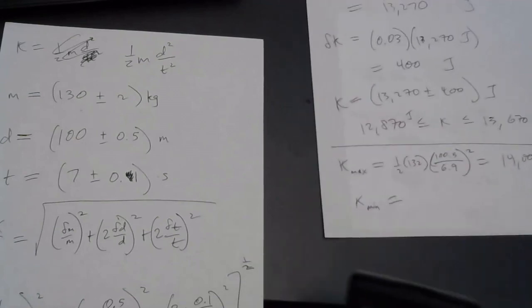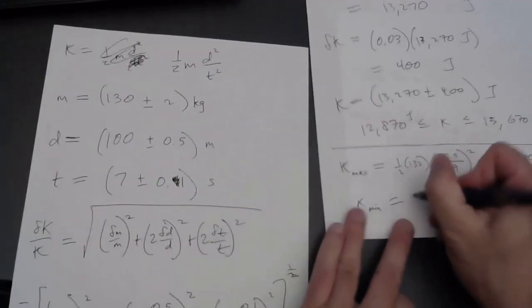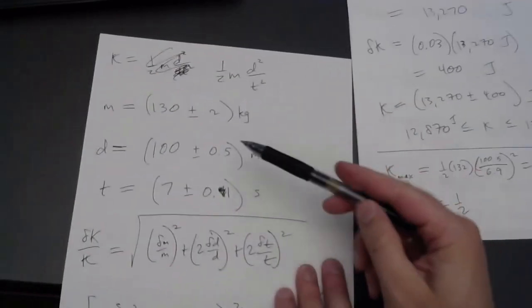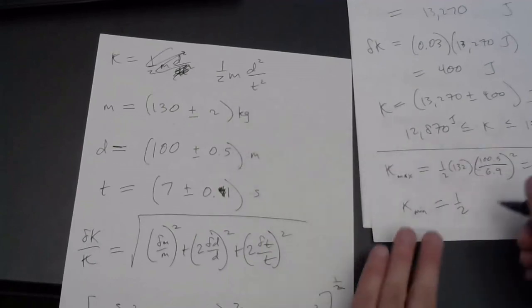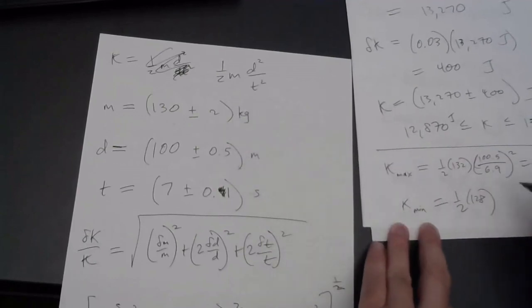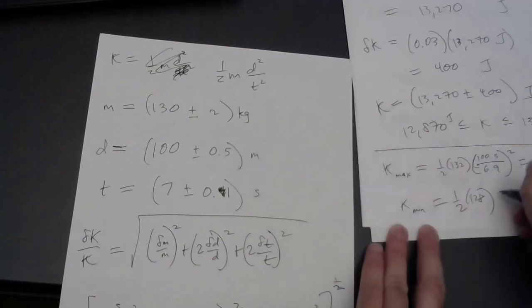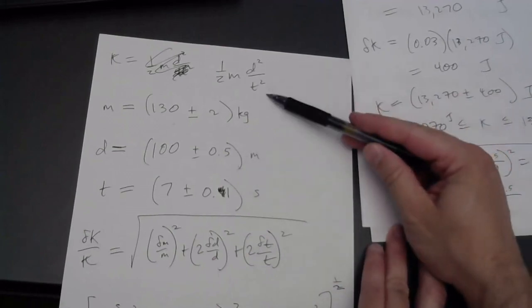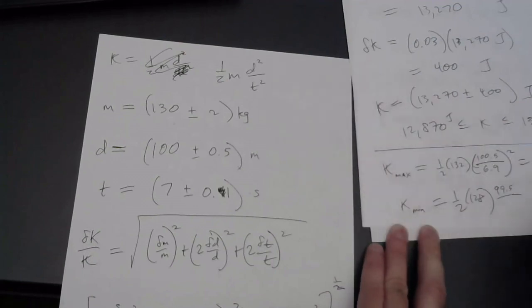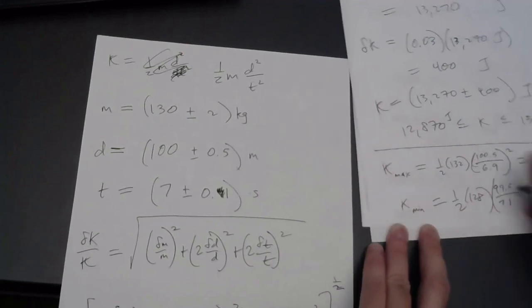The lowest likely value, well, this time I'll go with the lowest probable value of the mass, which would be 128. I'll go with the lowest probable distance, which is 99.5. And the highest time, let's make the denominator as large as possible. So that would be 7.1 seconds.